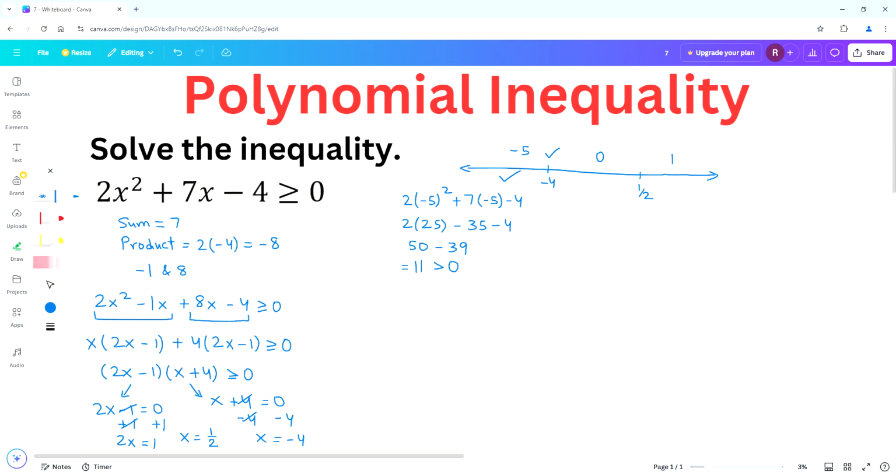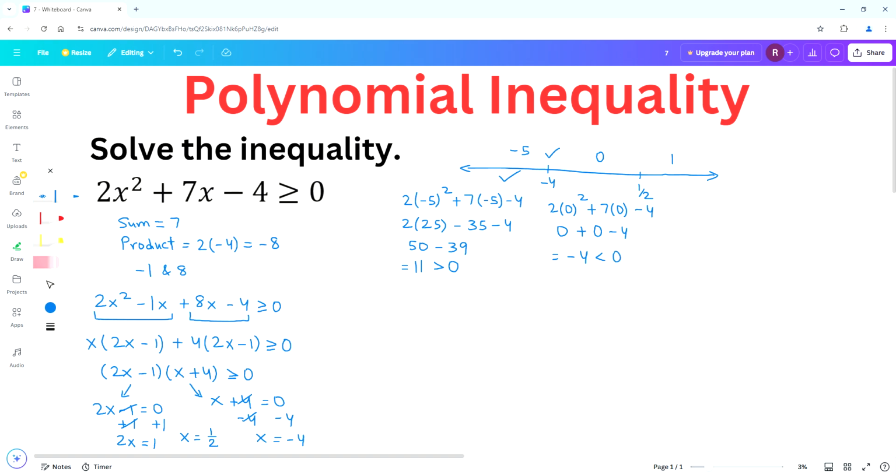Next, we can use the test value 0. 2 times 0 square is equal to 0. 7 times 0 is 0. I get negative 4, which is less than 0.